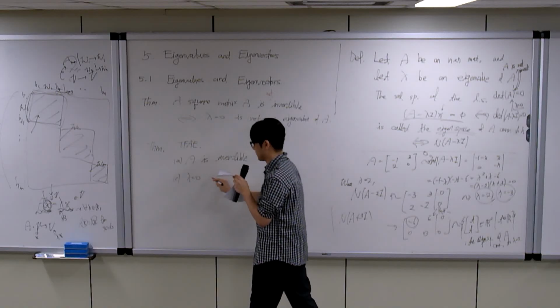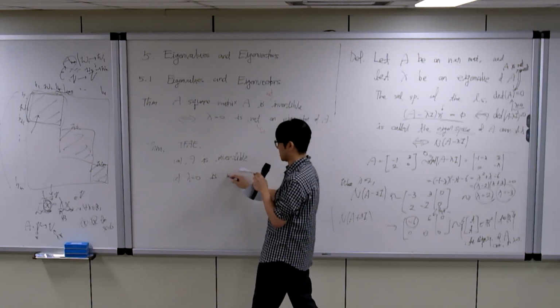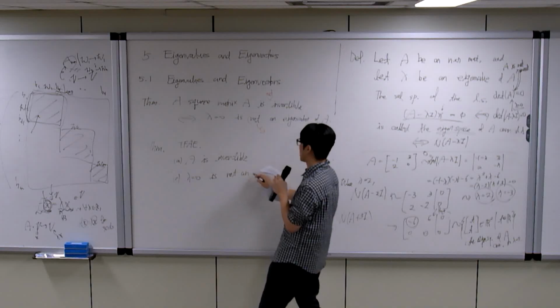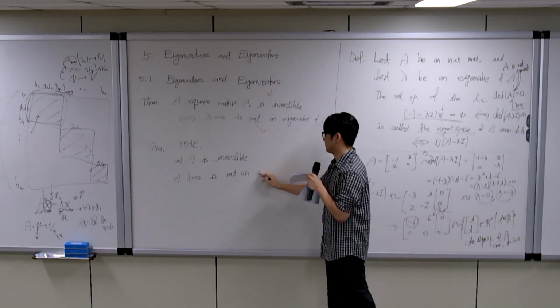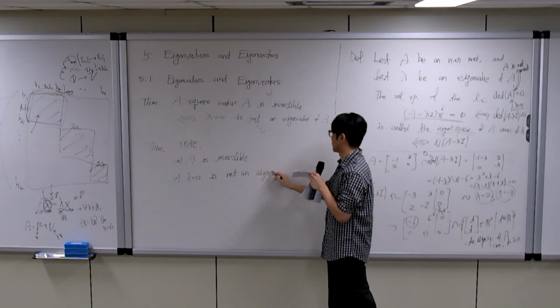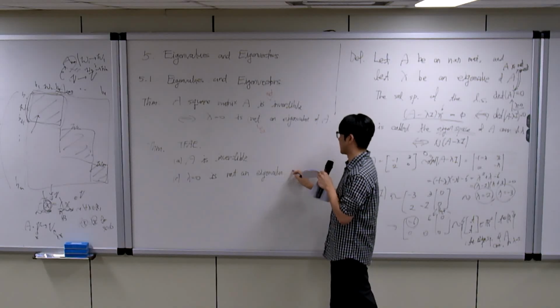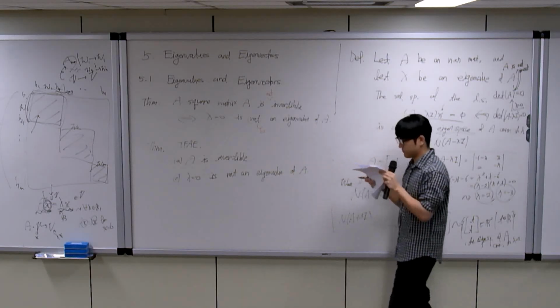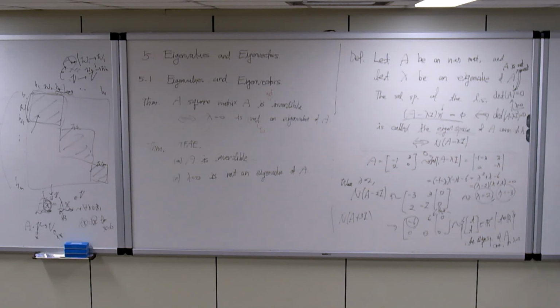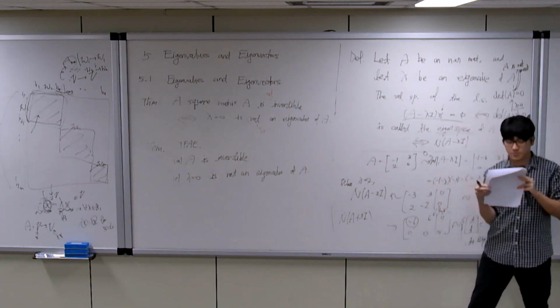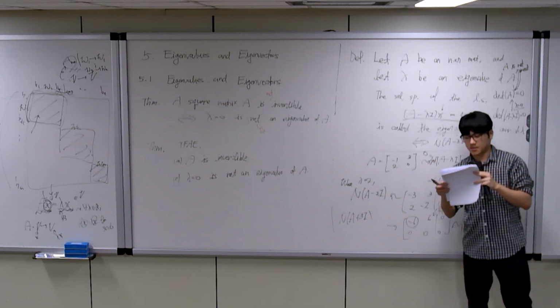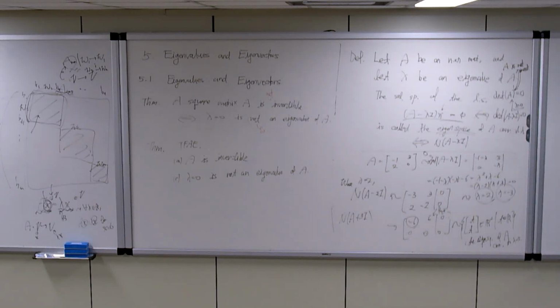It is that lambda equal to 0 is not an eigenvalue of A. It is also an equivalent property. Okay, here is done.